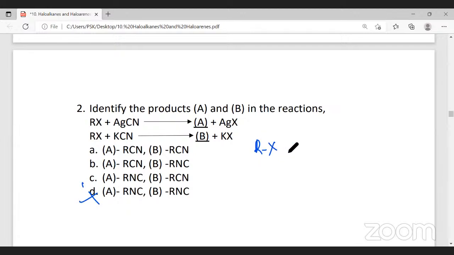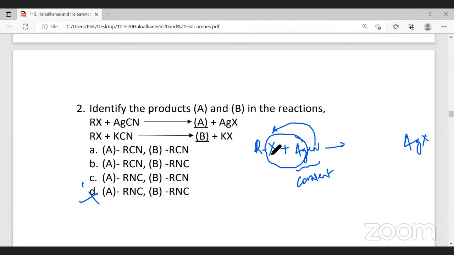All right. RX, when it's allowed to react with silver cyanide, AgX gets eliminated as a byproduct. AgCN has a partial covalent character. Since it has a partial covalent character, it gets bonded to the R group through nitrogen.